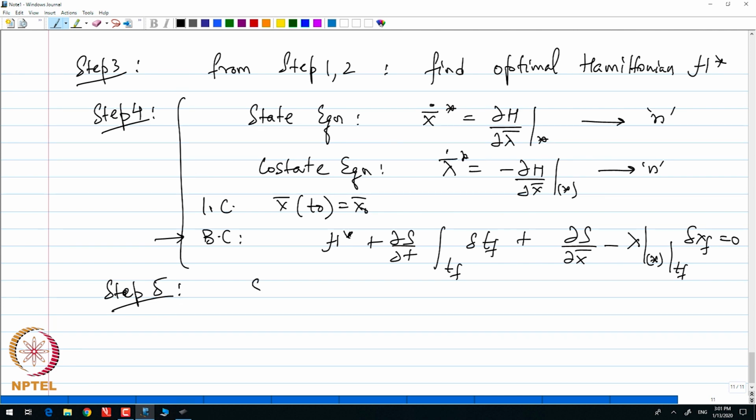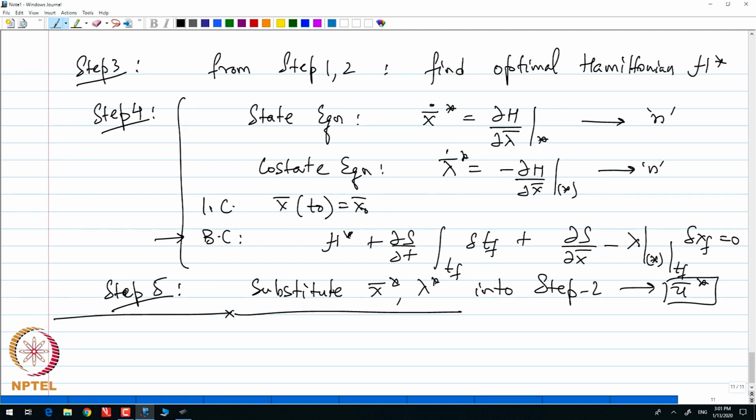So, substitute x bar star and lambda star into step 2 to get u star, which is what we were after, the optimal control.